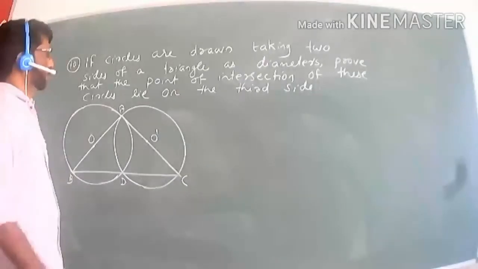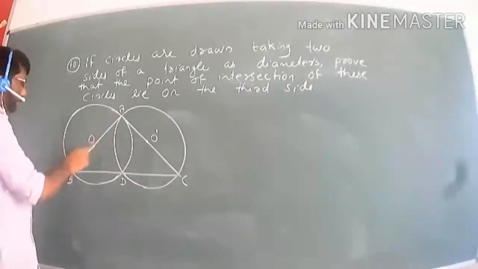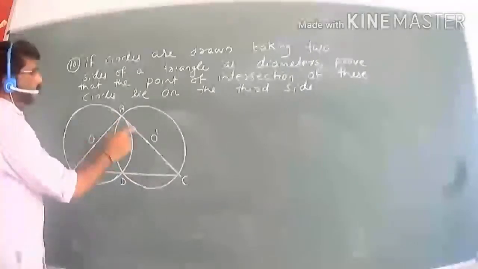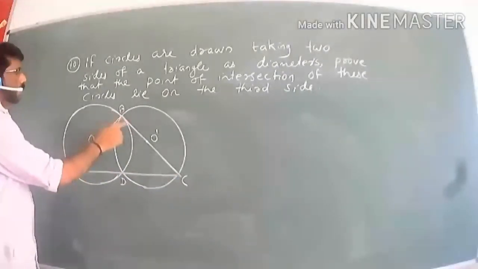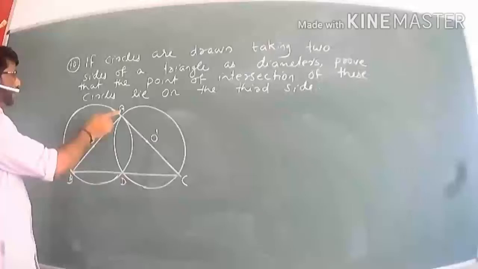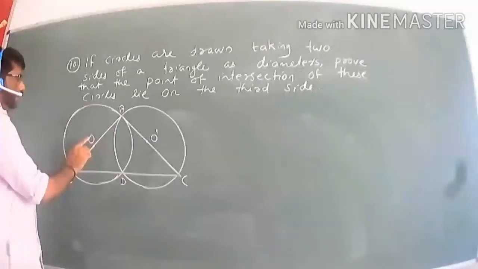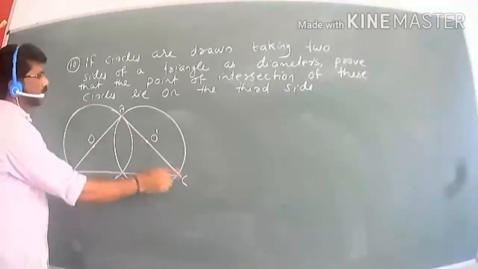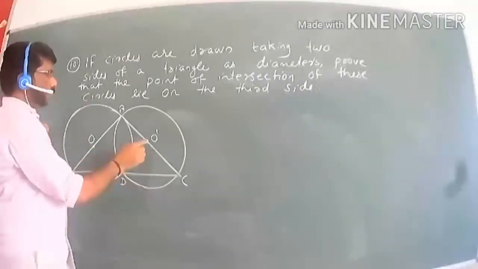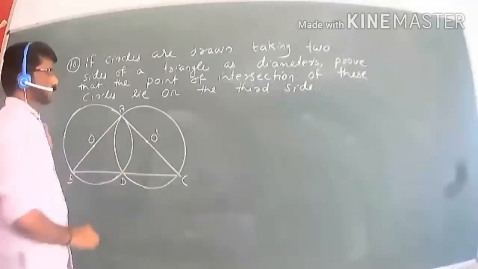That is the question. So here you can see AB is a side of a triangle ABC. Similarly, AC is also a side of triangle ABC. Also given AB is a diameter of this circle with the center O. AC is a diameter of a circle with the center O dash.